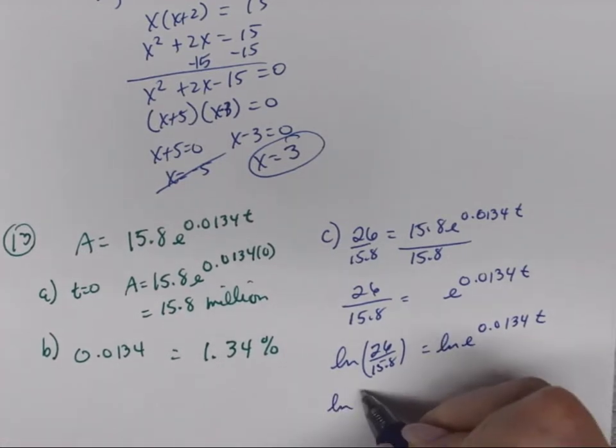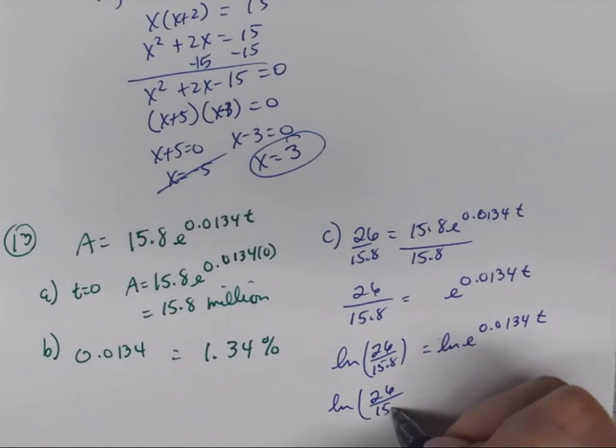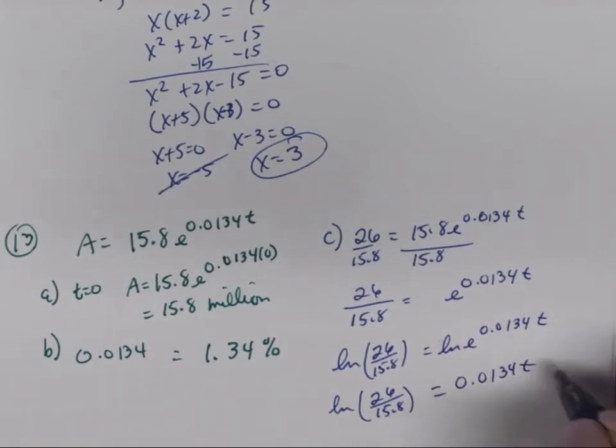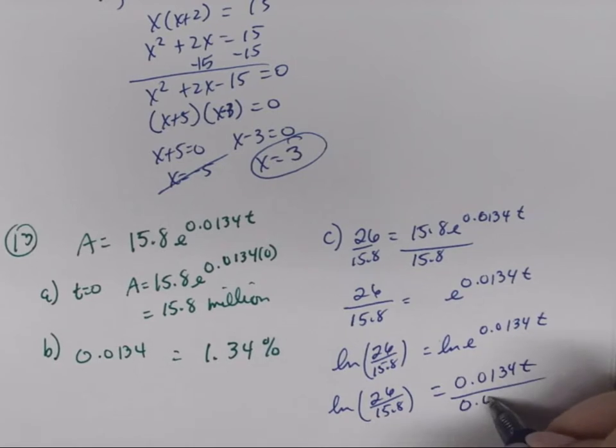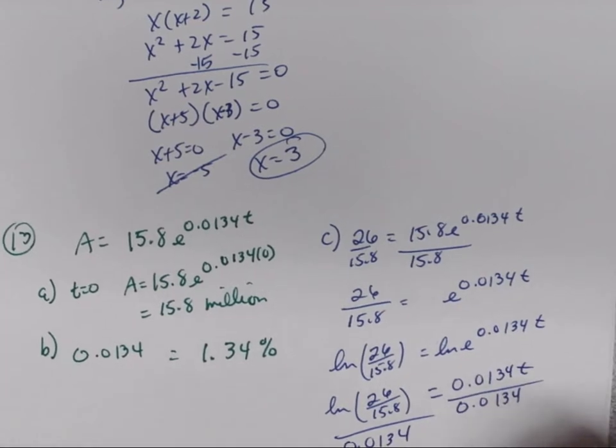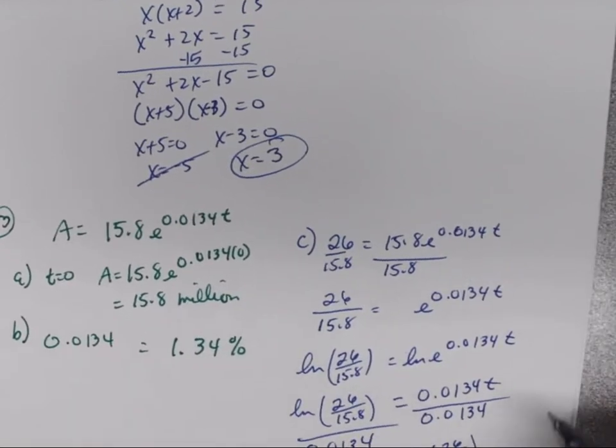So the ln of 26 divided by 15.8 is equal to 0.0134 t. To solve for t, we'll divide by 0.0134. So t will equal the ln of 26 divided by 15.8 divided by 0.0134.